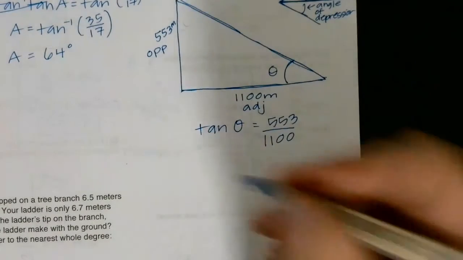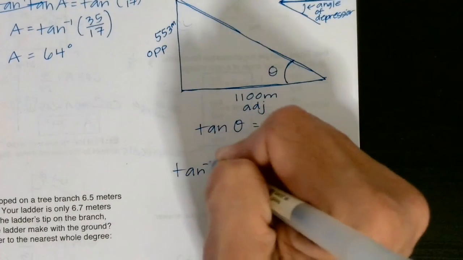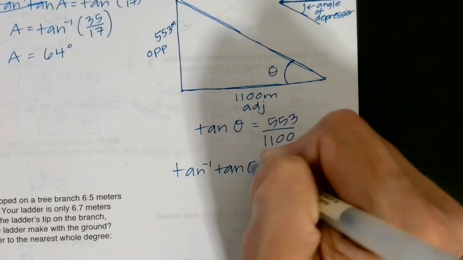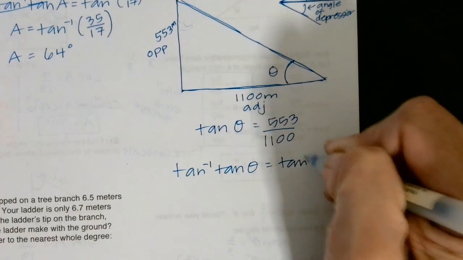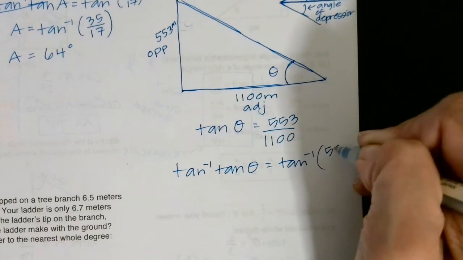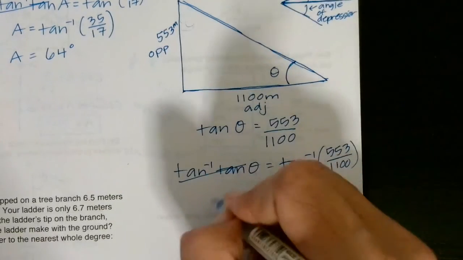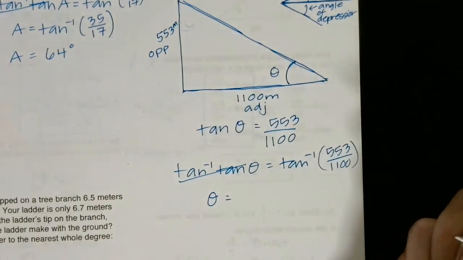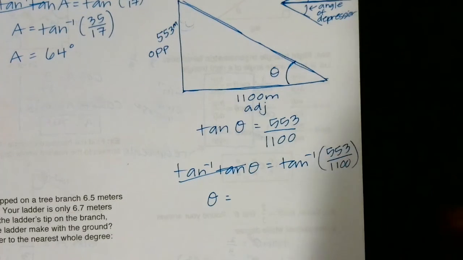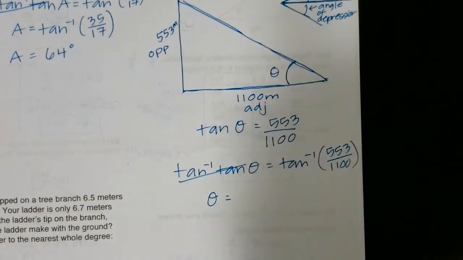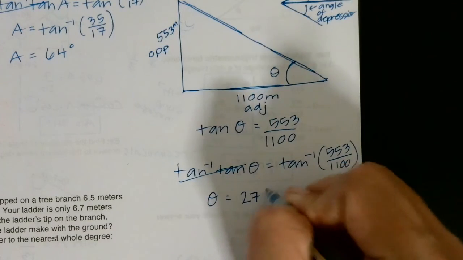Got to get the tangent by itself. Those undo each other, so we get the tangent inverse of 553 over 1100, which gives me 27 degrees.